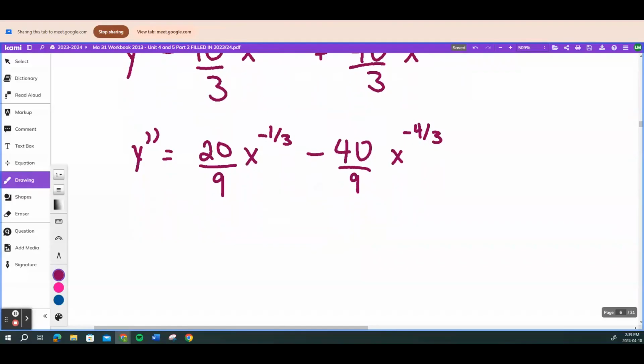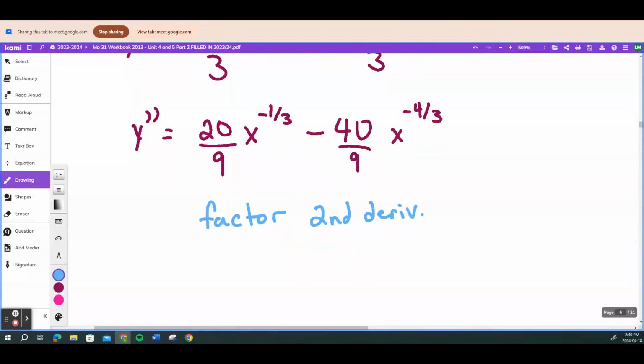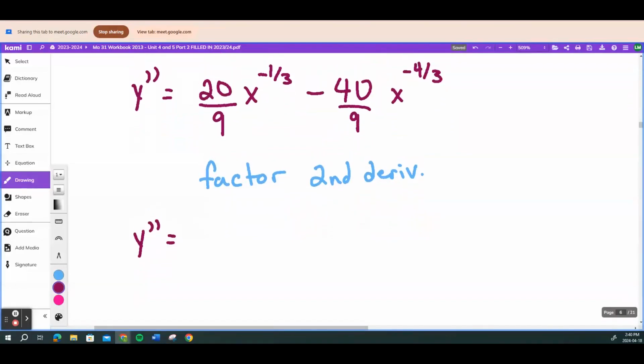Okay. And just to make my life a bit easier for my second derivative line test, I'm going to factor it. So y double prime is equal to, it looks like from both terms I can take out a 20 over 9 and then x to the power of negative 4/3.